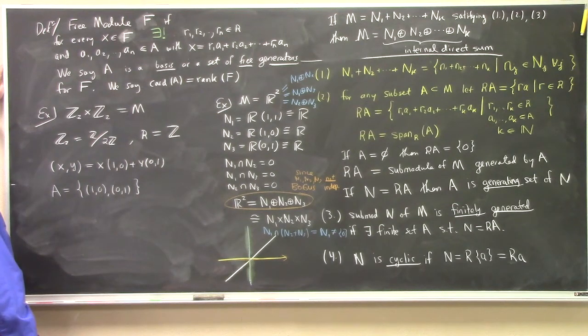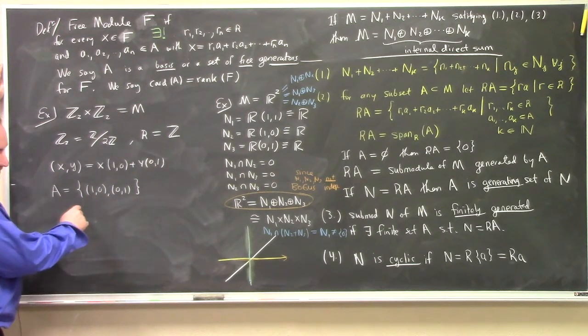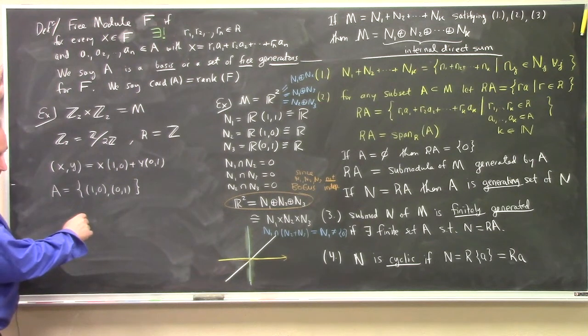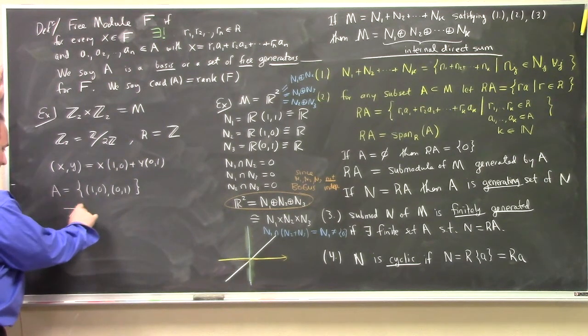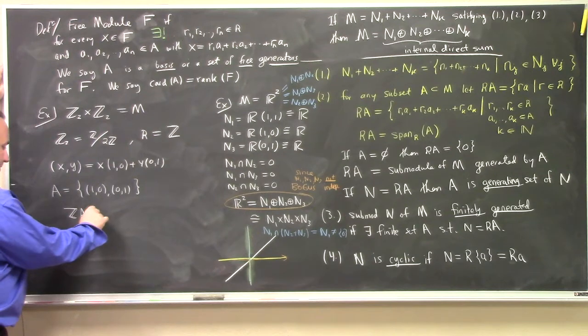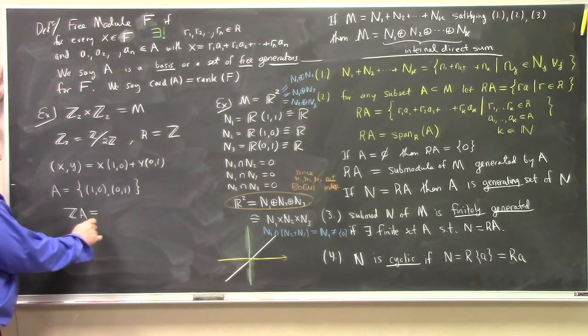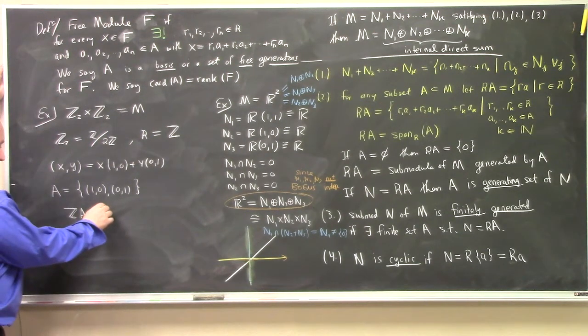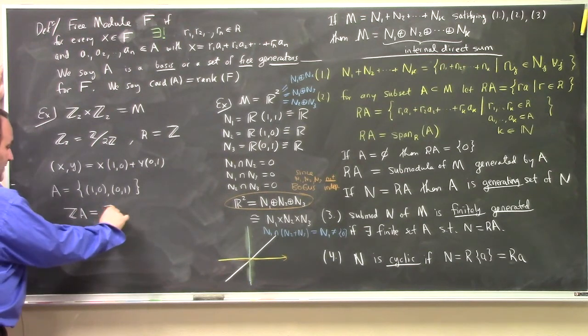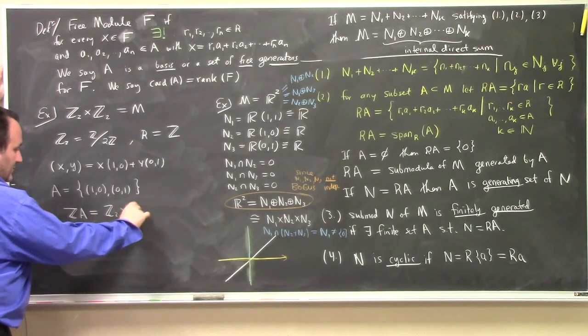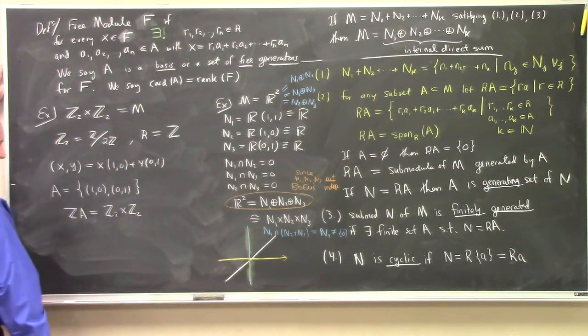I do think it's true that if we look at the span, we get Z2 cross Z2 back again, because what's the module action here?